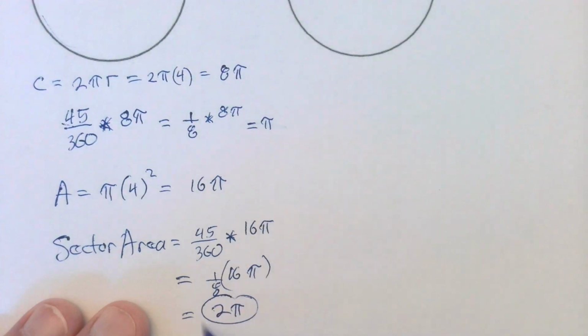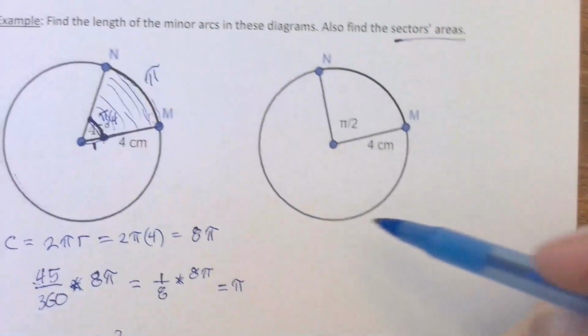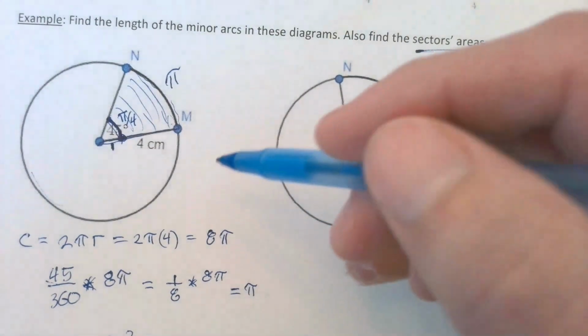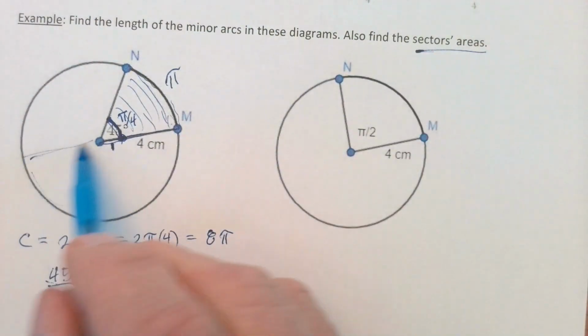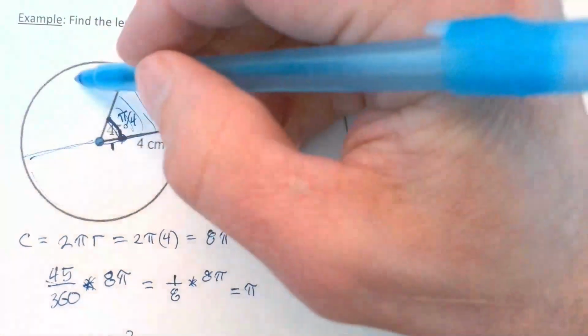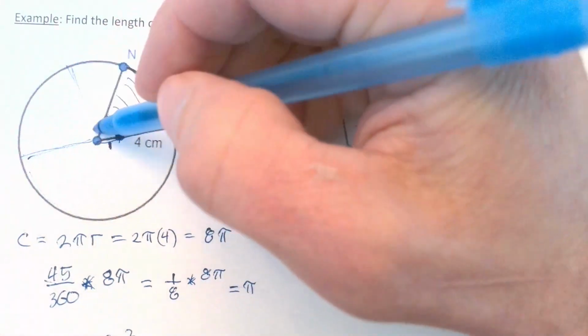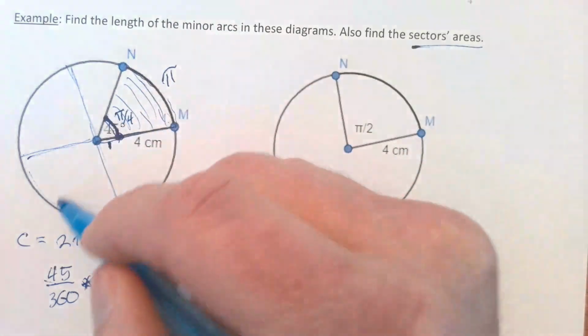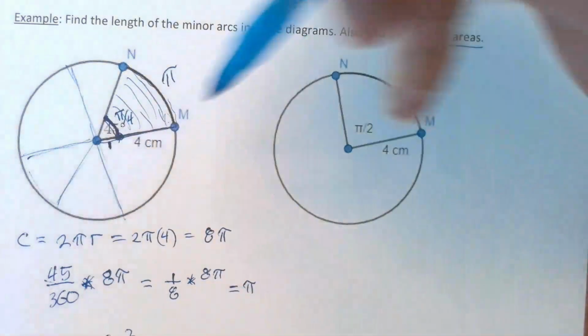Now, is it reasonable that the area of this would be 2 pi? Yeah. Because you can divide this circle up into 8 equal parts, like this.